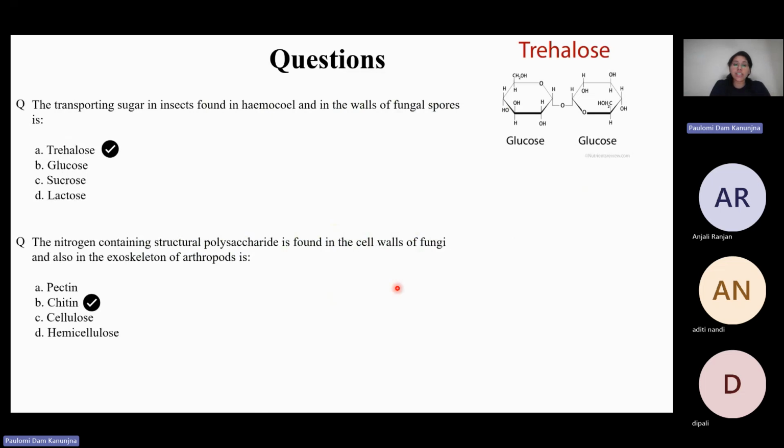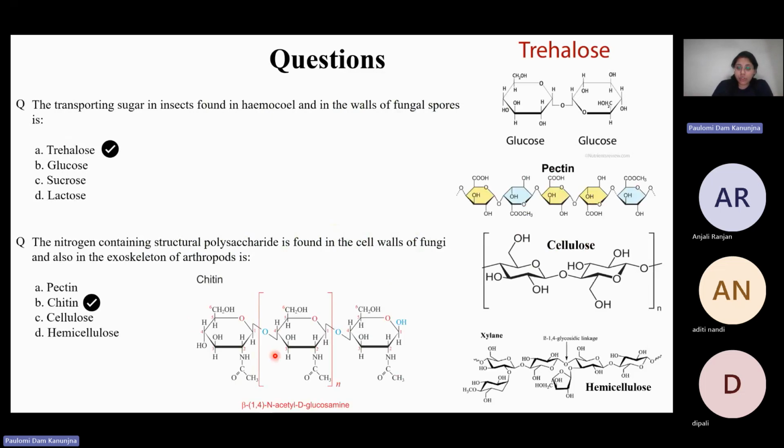And then the nitrogen containing structural polysaccharide, by name itself you should know that's chitin, but there is another way you can use the information. So you see this is chitin and this is pectin, cellulose, and hemicellulose. What does the question say? The question says the nitrogen containing structural polysaccharide is found in the cell walls of fungi and arthropods. So that means the structure should have a nitrogen.